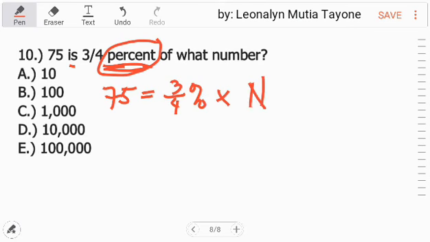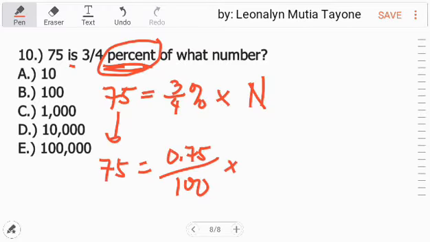Kapag sinabing percent, that is 3/4 per 100. Para iwas tayo sa mga fraction, although pareho lang din yan, para mas klaro lang, itong 3/4 that is equivalent to 0.75.